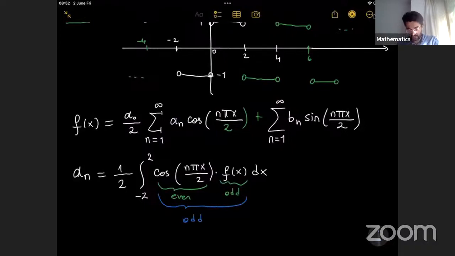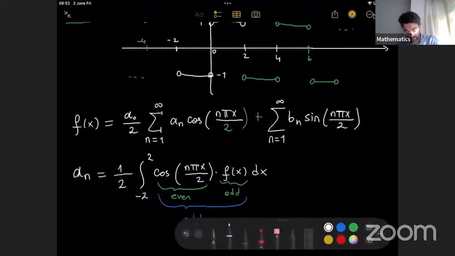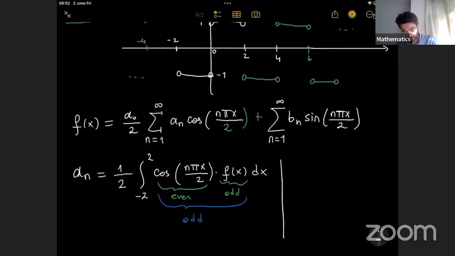Well, maybe let me recall here that f of x is odd if f of minus x is equal to minus f of x, for all x.